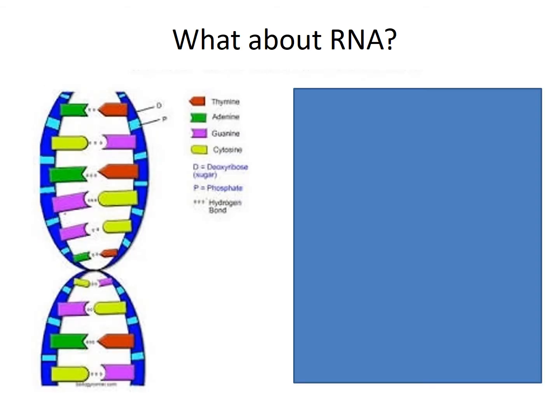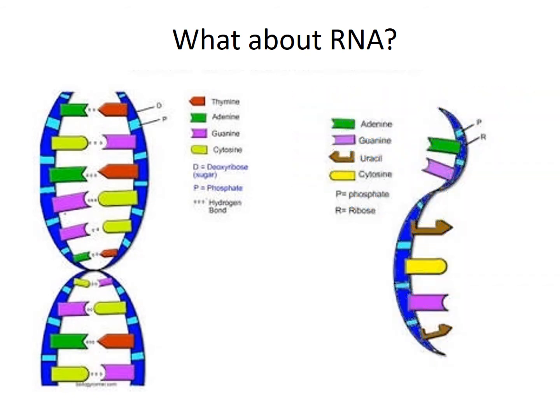But what about RNA? So DNA is this twisted ladder, this double helix shape with antiparallel backbones, but RNA is single-stranded. So it occurs in a line in three-dimensional space. So here you can see the single-stranded RNA, and notice that instead of thymines in red, the T's of the DNA, the T's are missing in an RNA, and instead they're replaced with uracil, which is a different type of nitrogenous base found in RNA.